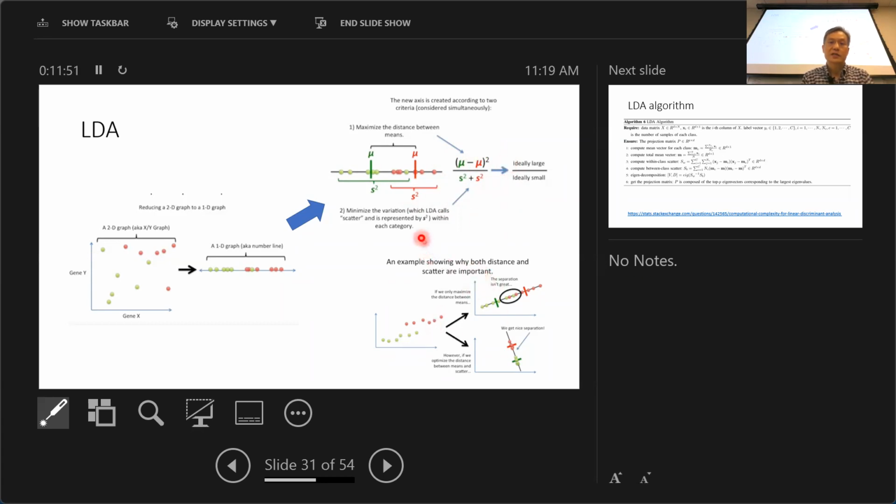And that's the solution. Basically, this is the rotation of your data points, multiplied by a rotation matrix, until you achieve the maximization of this value.